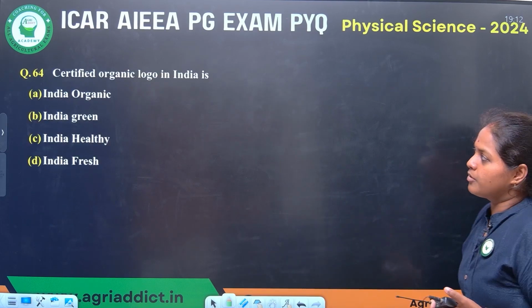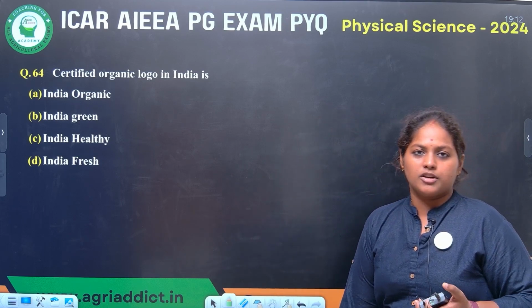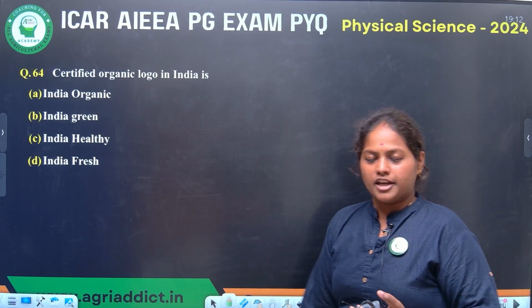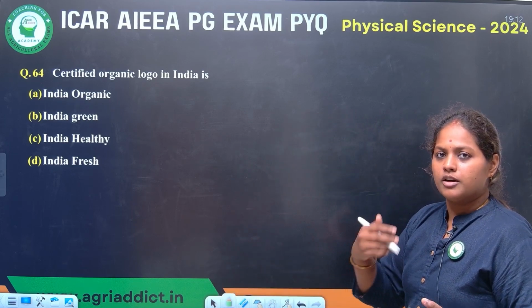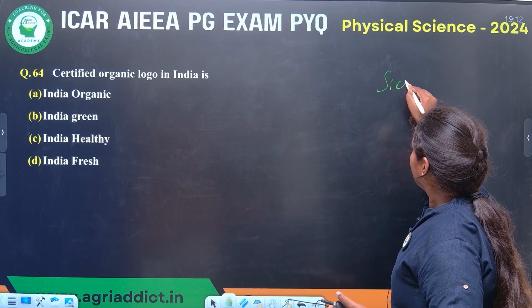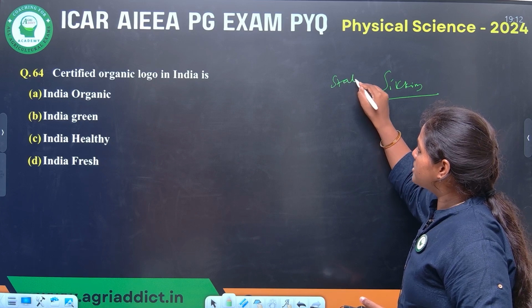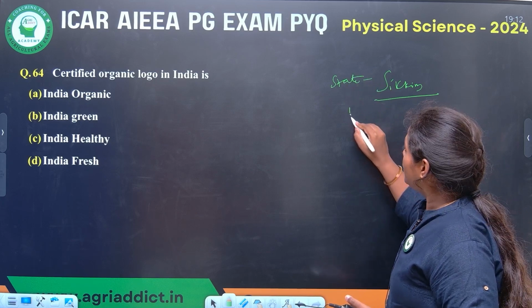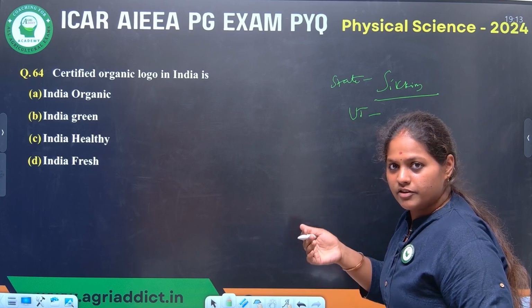Question number 64. Certified organic logo in India. In India, organic production is gaining popularity day by day. Which is the first state to be declared as fully organic? Sikkim. When they are asking state, you should write Sikkim. When they are asking UT, which is the union territory to be declared fully organic first?